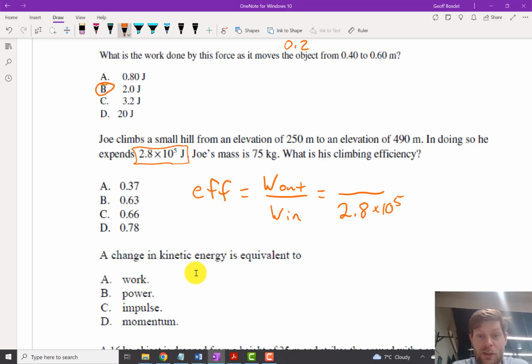And what he's accomplishing is increasing his potential energy. So that's just mgh, which in this case would be 75 times 9.8 times how much he went up. If you go from 250 to 490, you've gone up, I believe it's 240 meters. So that's what we'll put in there.